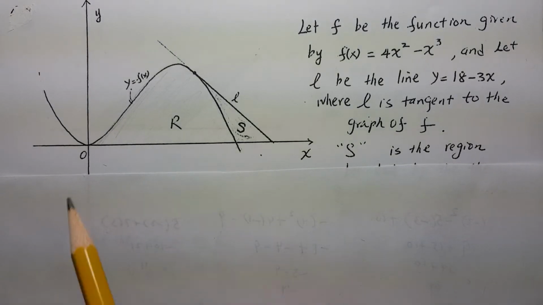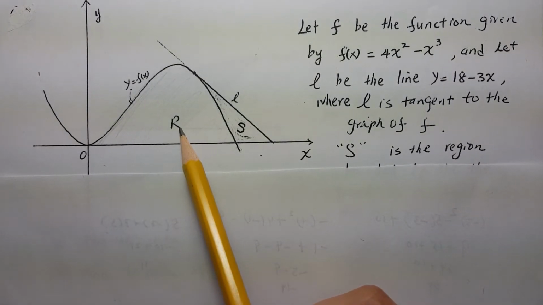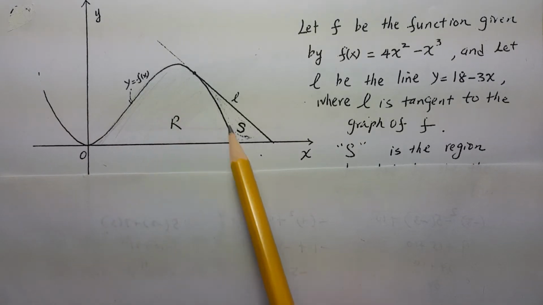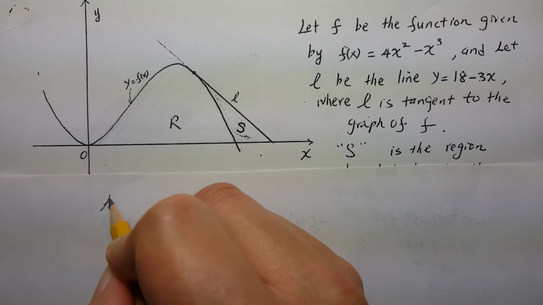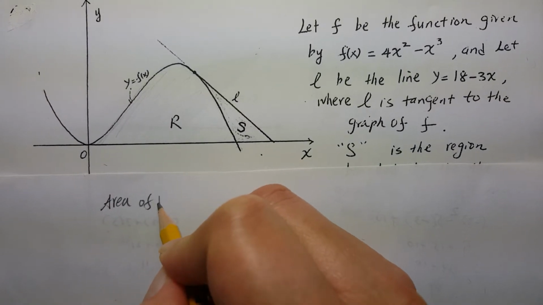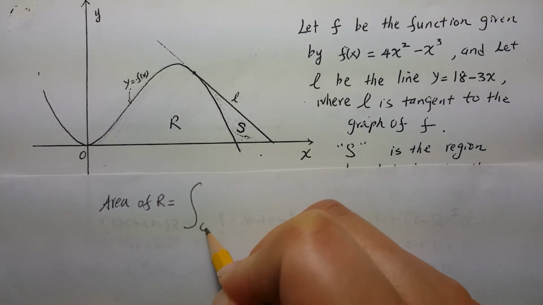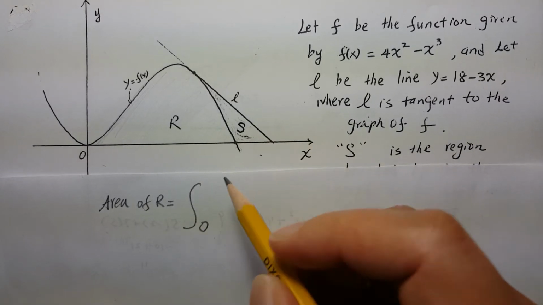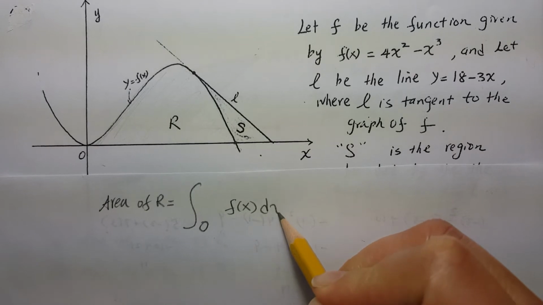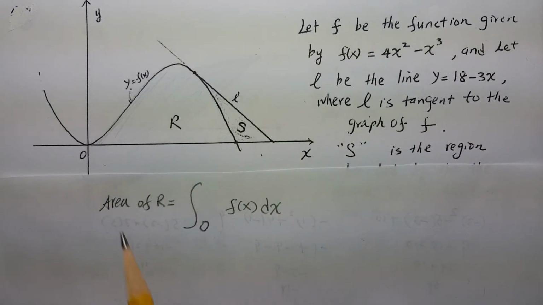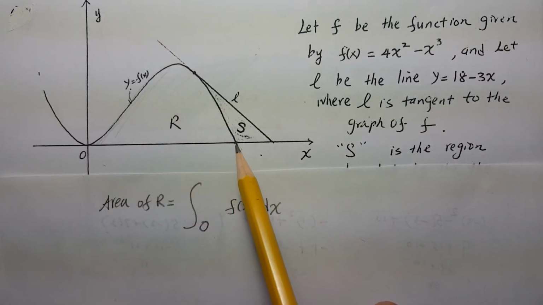That'll be good enough because the area R is only under one function. So now we are going to say that area of R equal to integral 0 to this point over here. We need to find this number, and it's under f of x because it's only under one function.